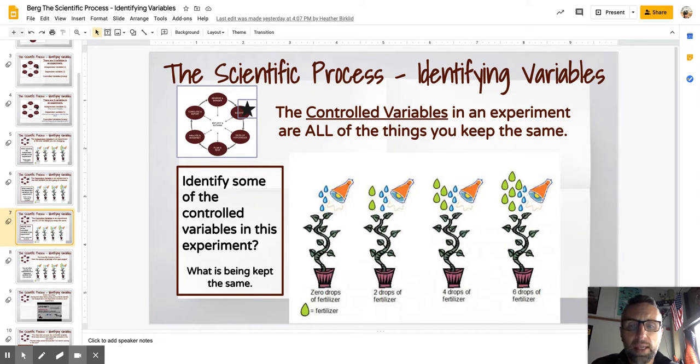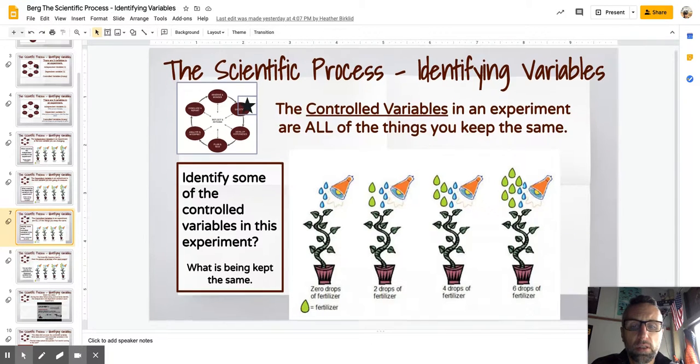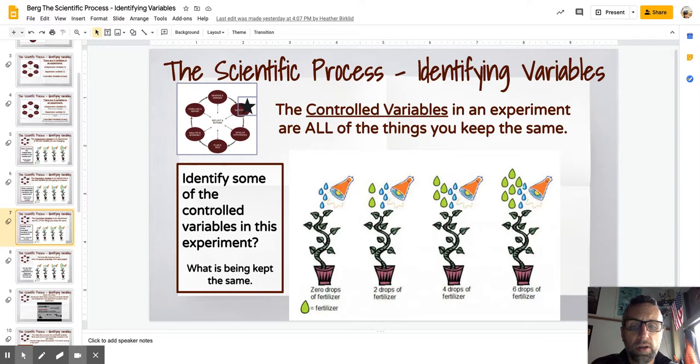So you get the concept of fair. So if we were running this test, we had to think about what are some things that would make it fair. It would not be fair if I gave just one plant, say the plant that has 2 drops of fertilizer, if I put that in sand and the other 3 pots were in black dirt.